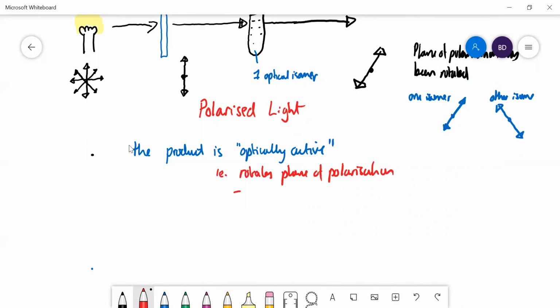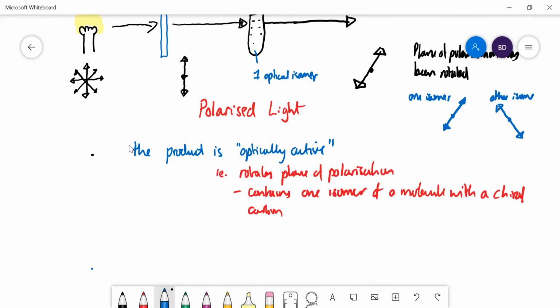So that means it contains one isomer of a molecule with a chiral carbon, a chiral carbon being an asymmetric one.